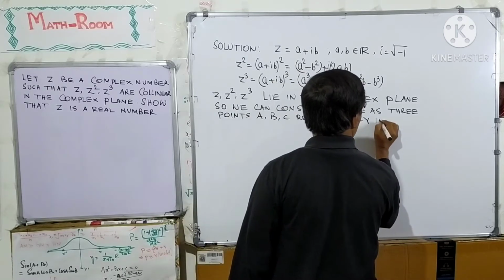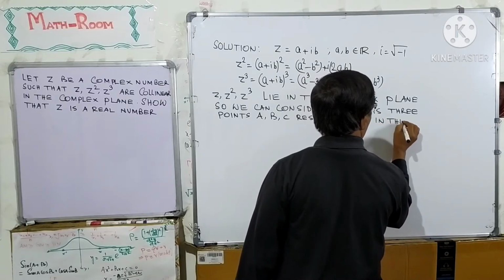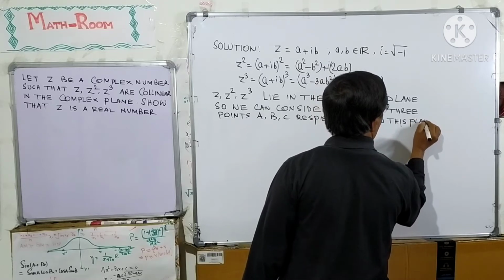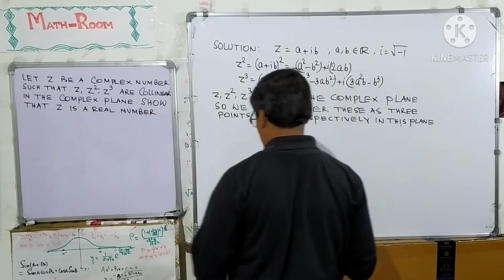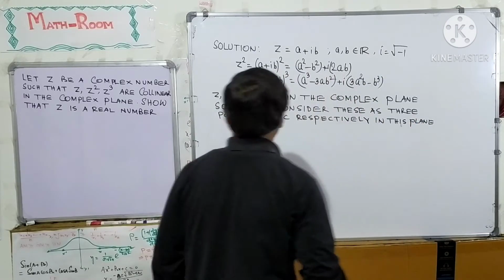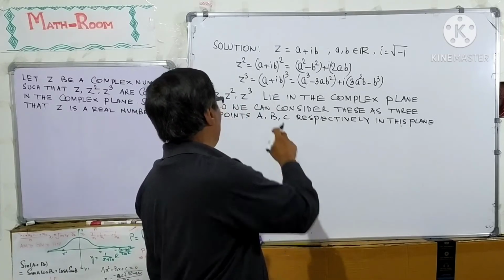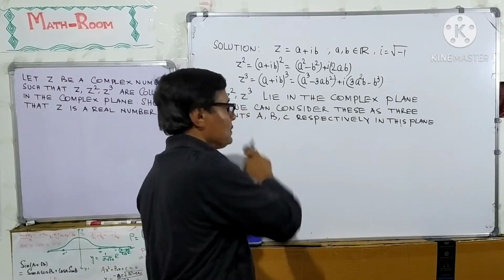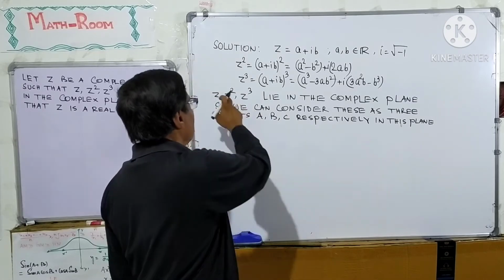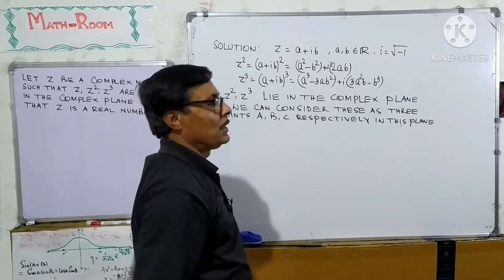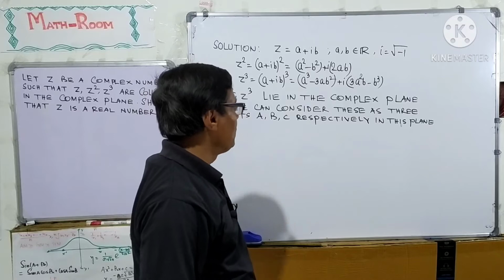So A, B, C are 3 points which represent these 3 complex numbers z, z square, z cube, and A, B, C lie in the Argand plane, that is the complex plane.